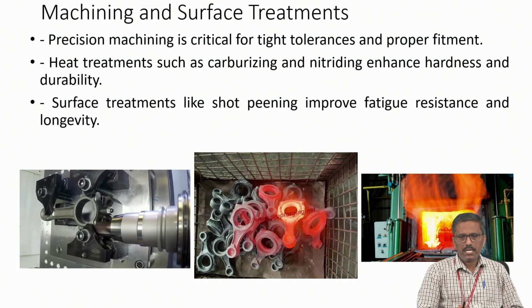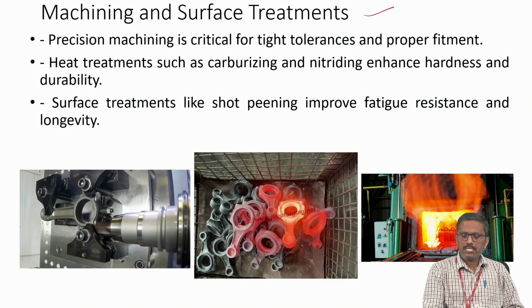And after manufacturing the connecting rod with casting and forging processes, we undergo a machining process to get the final dimensions. Precision machining is critical for the tight tolerances and the proper fitment between the piston and the crankshaft. That's why we go for the machining process, and heat treatment is necessary to improve the strength.